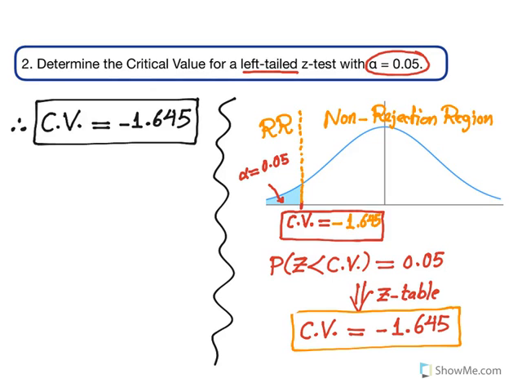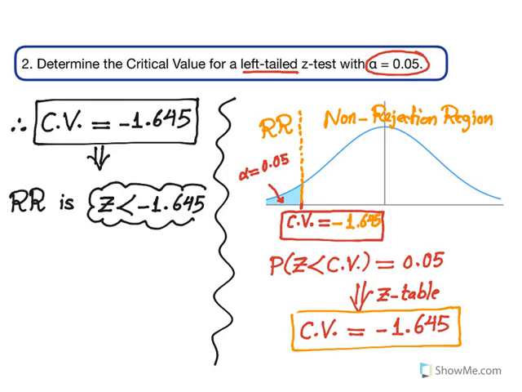And because it's a left-tailed test, you can say from this we get that the rejection region or the critical region is, in this case, any Z that is less than the critical value, negative 1.645. So here is our rejection region, and I will put a square around it or a rectangle.